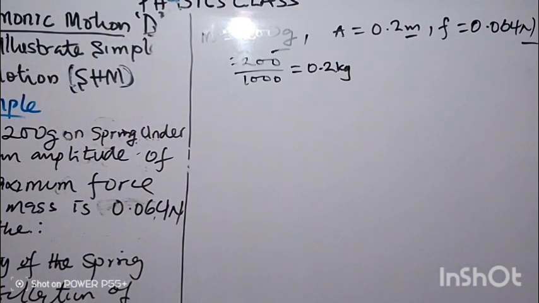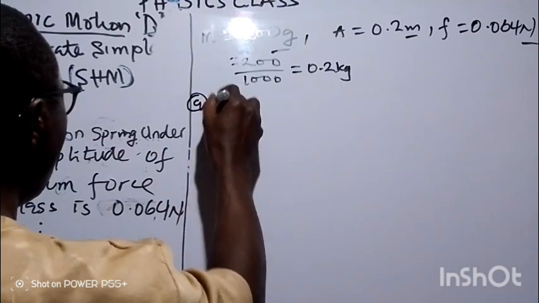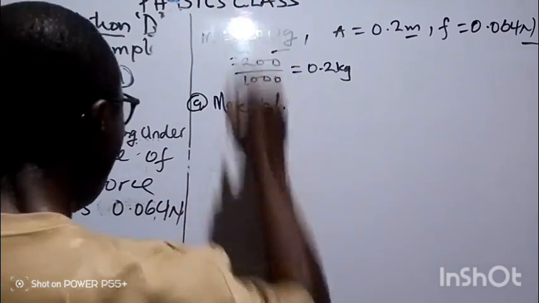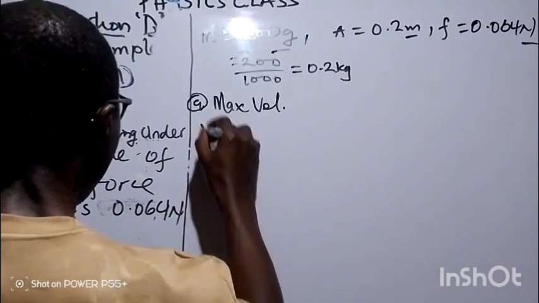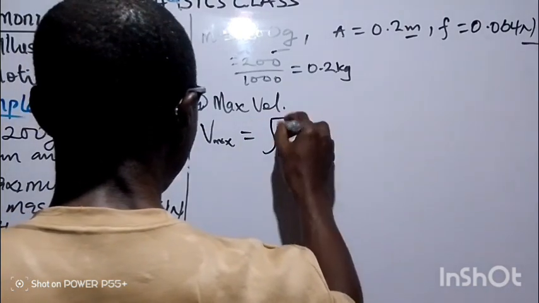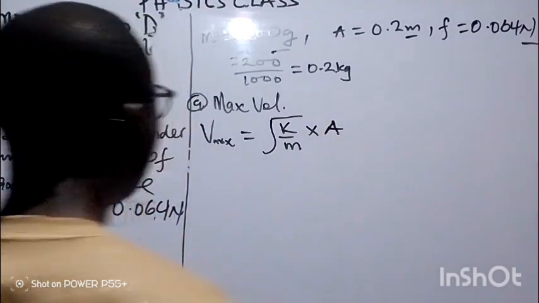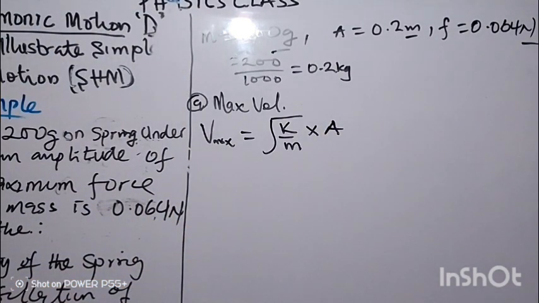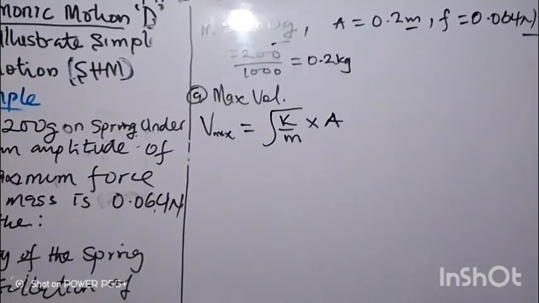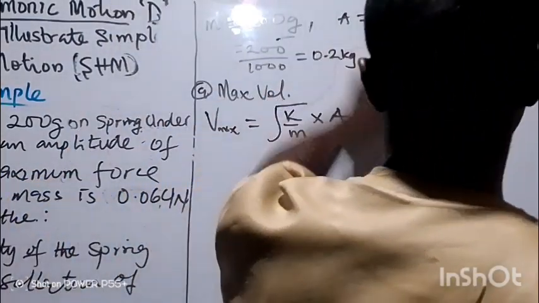Now, to continue, we have to calculate A, maximum velocity. Don't forget from our formula, V maximum for a loaded spiral spring will equal the square root of K over M multiplied by amplitude. And from the question, K is not given, but mass is given, amplitude is given, force is given.